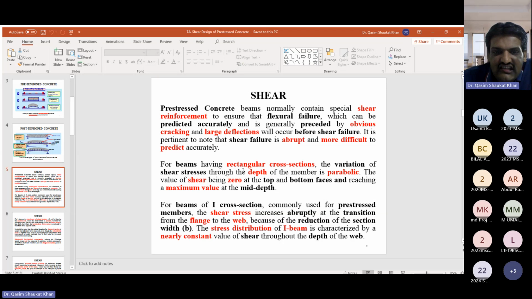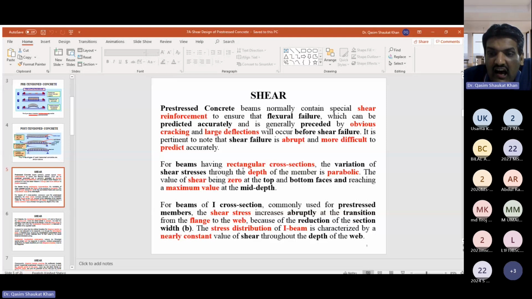So flexural stress is equal to My over I, where M is the applied bending moment, I is the moment of inertia, and y is the distance from the neutral axis. In case of flexural stresses, they are maximum at the extreme fibers, and their variation is linear.